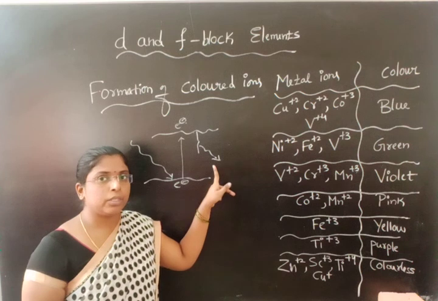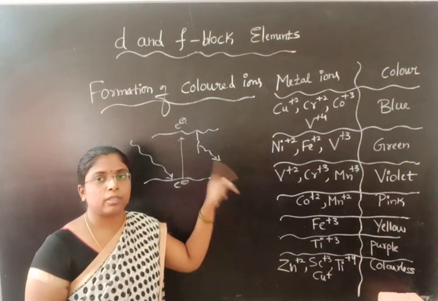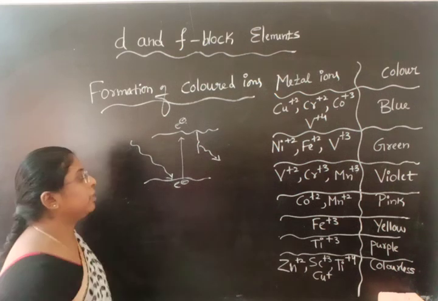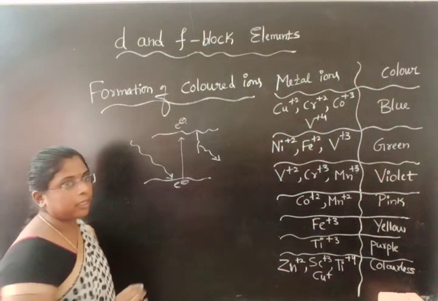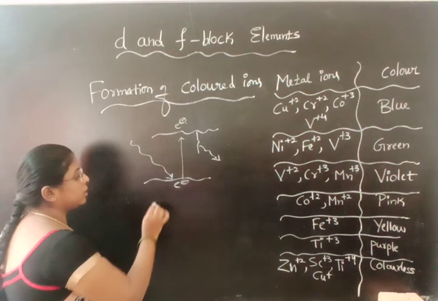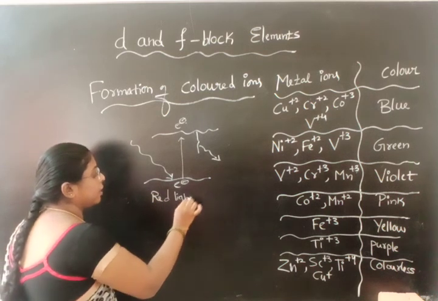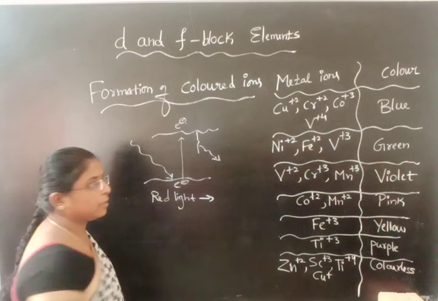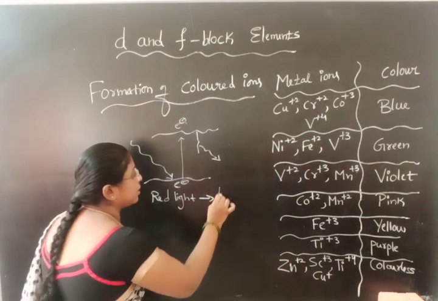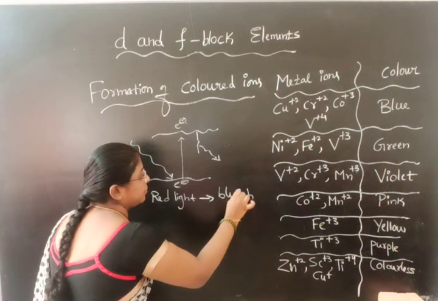If the radiation's frequency comes in the visible region, its complementary color is observed. For example, if the electron in the d subshell absorbs the energy corresponding to red light, then the color observed will be its complementary color, that is, blue or bluish green.